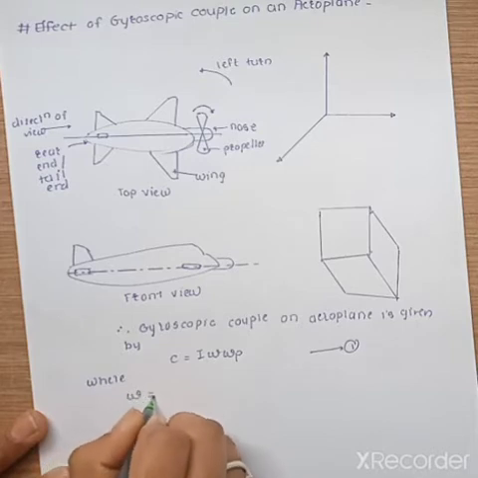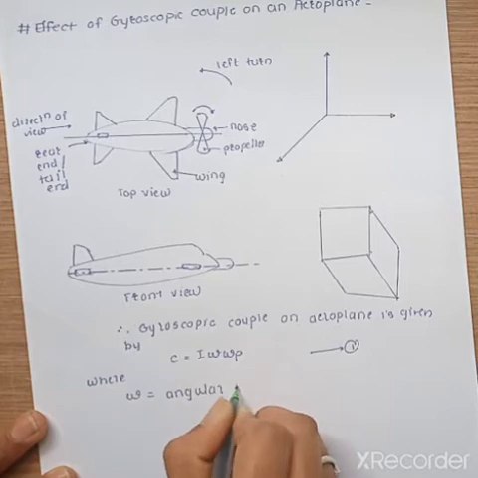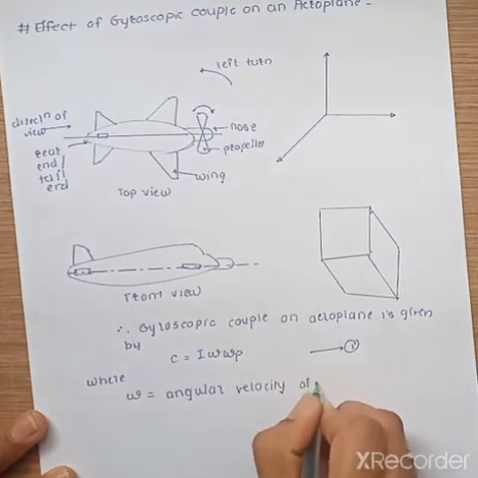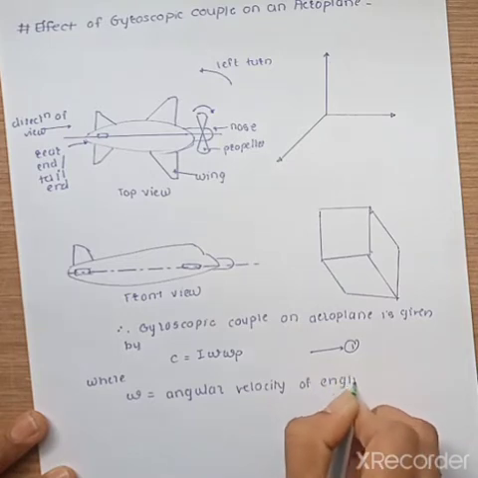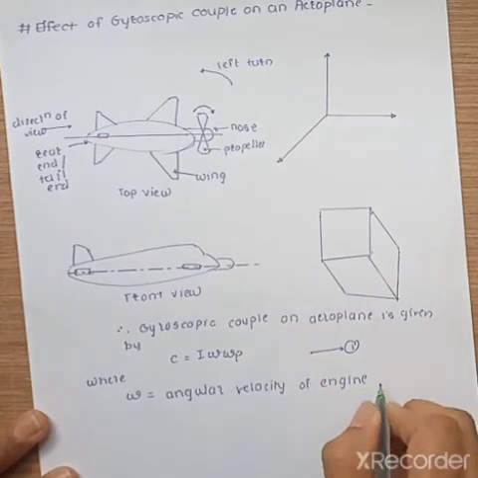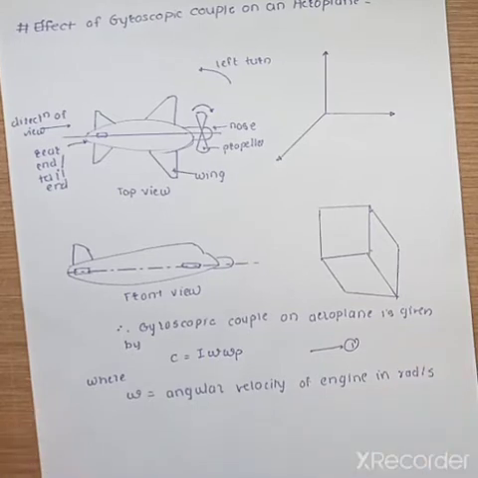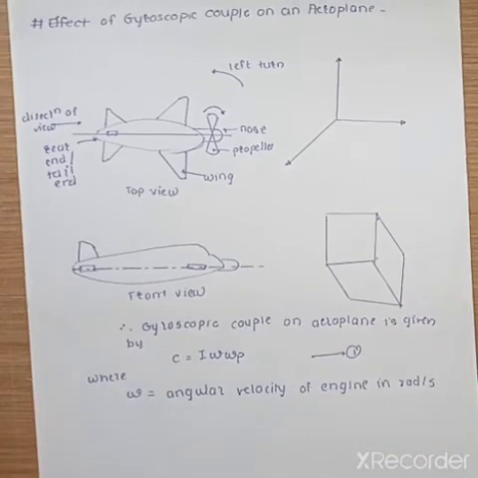Omega is the angular velocity of the engine. We all know angular velocity terms are used. The unit used for angular velocity is radian per second. Okay.